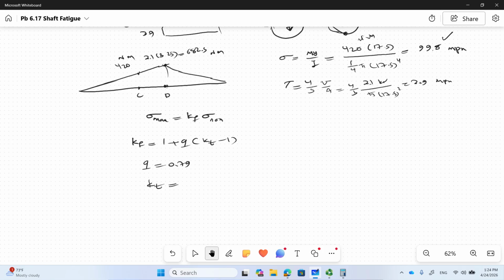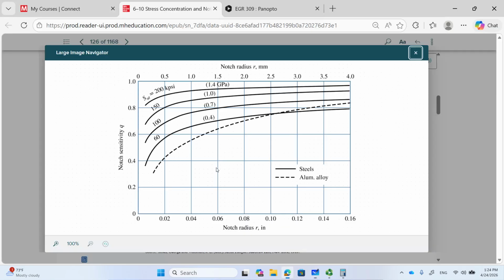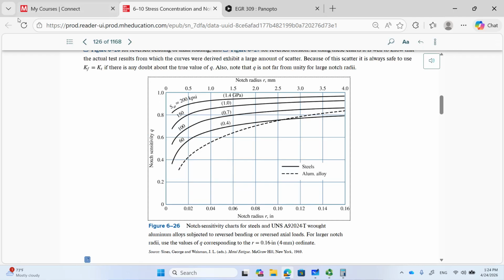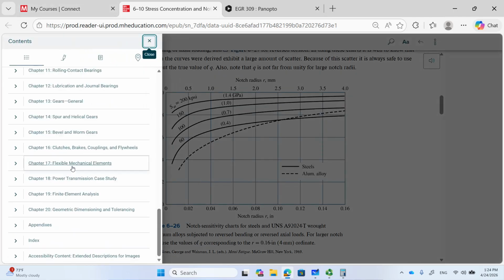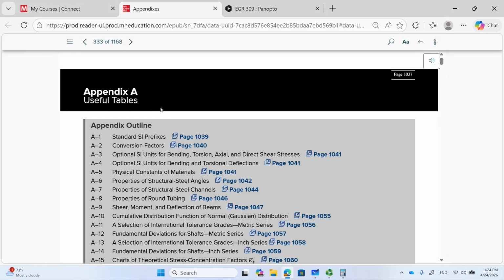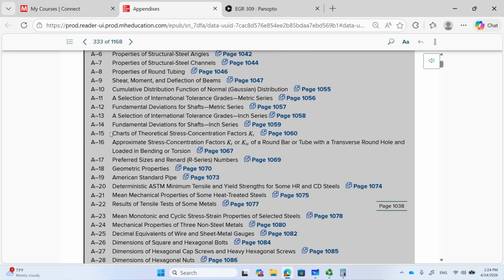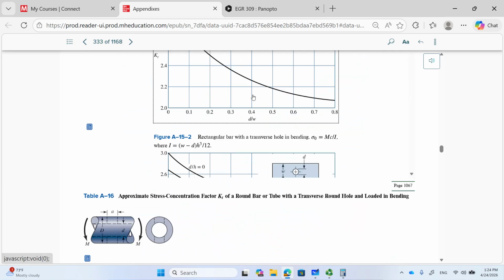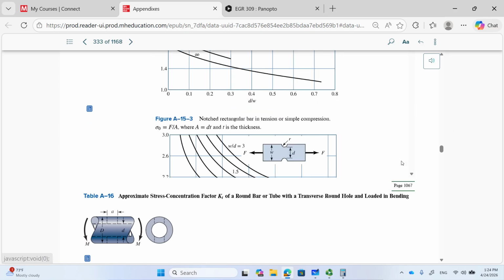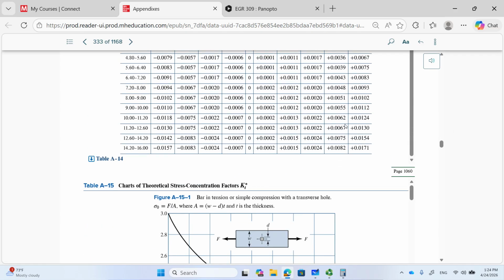For Kt, we have graphs at the end of your book. So in the appendix, let me go see it. Which one? Is it A15? Yeah, theoretical stress concentration. So look what we got.